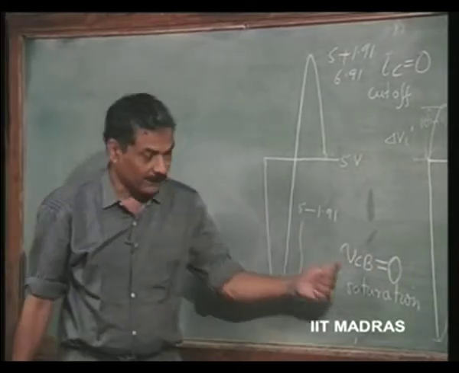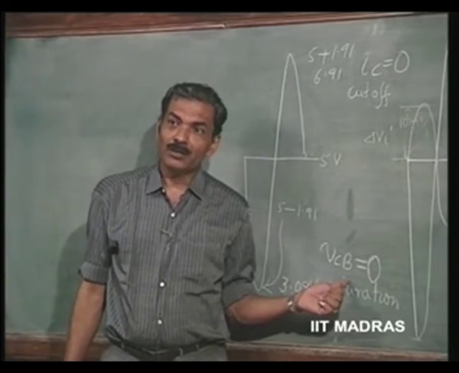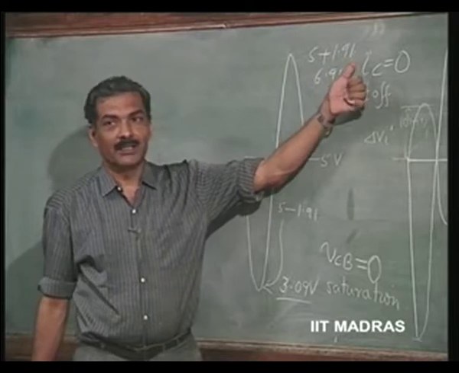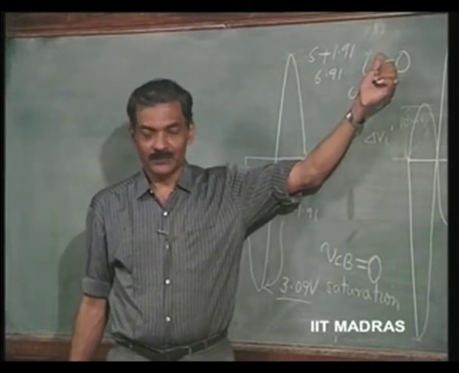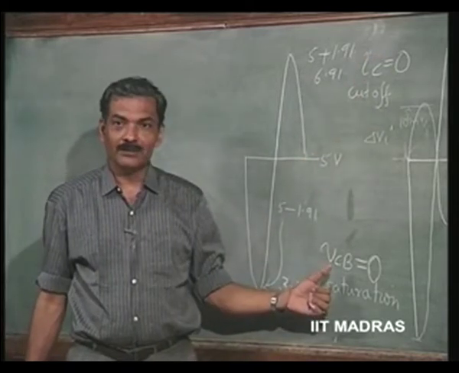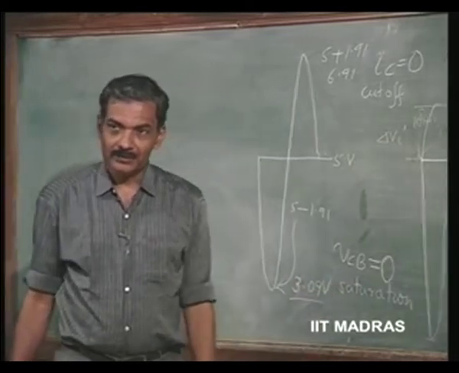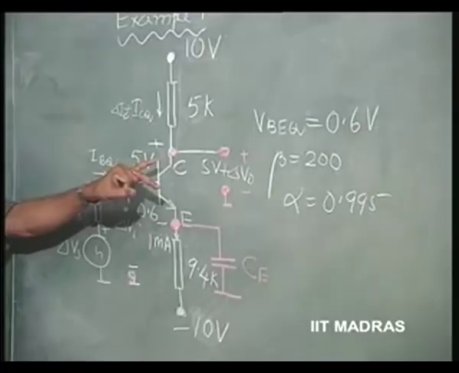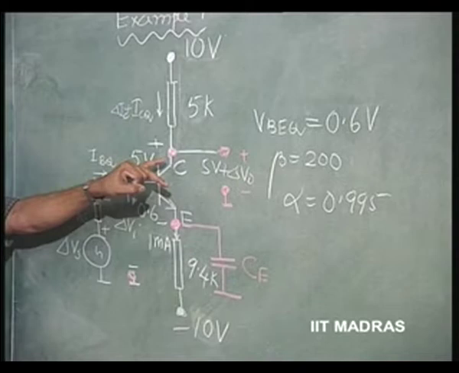So, please remember this, our amplifier is able to follow the signal increase or decrease only up to these 2 points, where instantaneous value of collector current is 0, that is called cutoff, and where instantaneous value of collector base voltage is 0, which is called saturation. Now, the question that I am asking is, what value of signal output will this go to saturation?